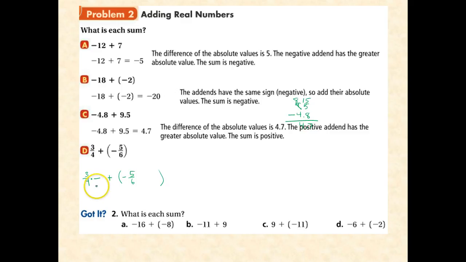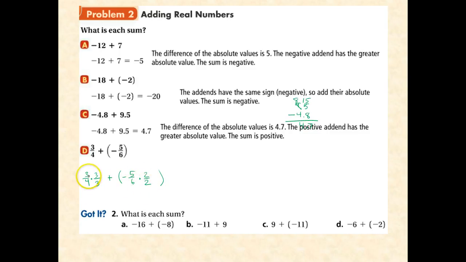So, what do I multiply to make a 4 into 12? 4 times 3 is 12. So I need to multiply by 3 over 3, which is the same as multiplying by 1. Over here I need to multiply by 2 over 2 because 6 times 2 is 12.